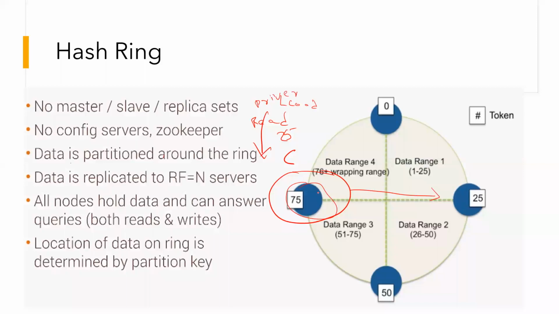It doesn't mean this is always your coordinator. Any of the nodes in a ring can act like a coordinator. That's the point: every node holds data, handles reads and writes, and is aware of the partition key token ranges.